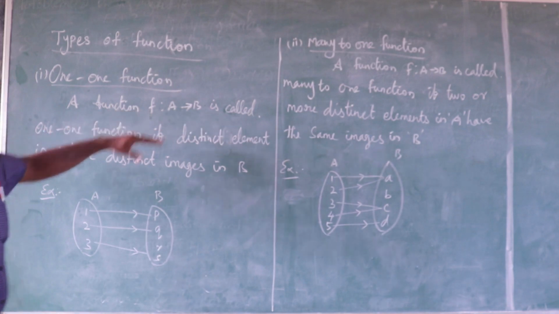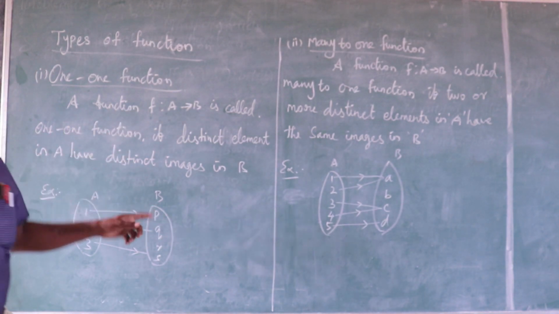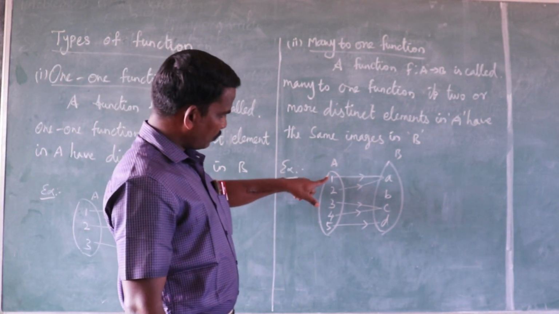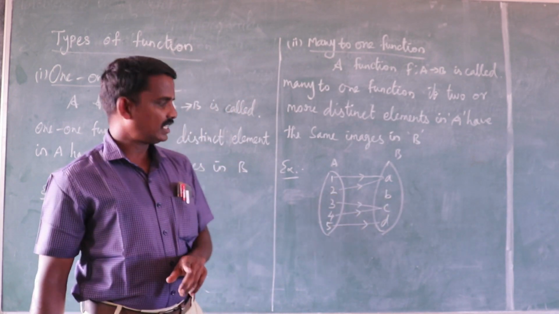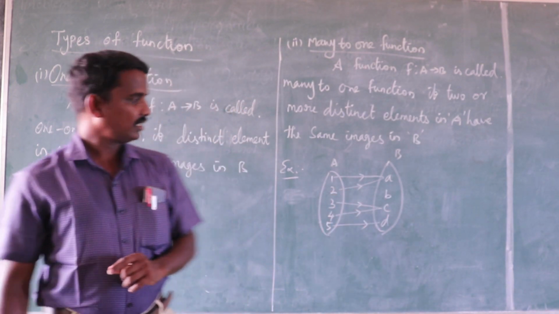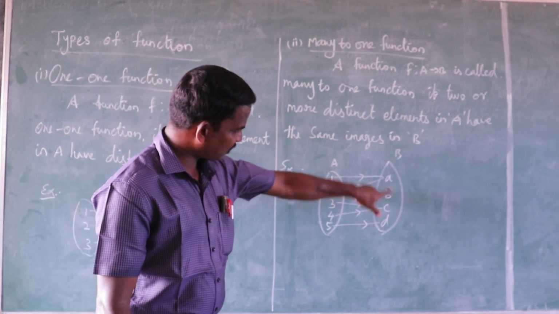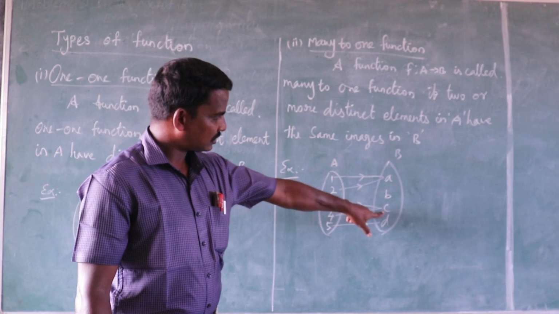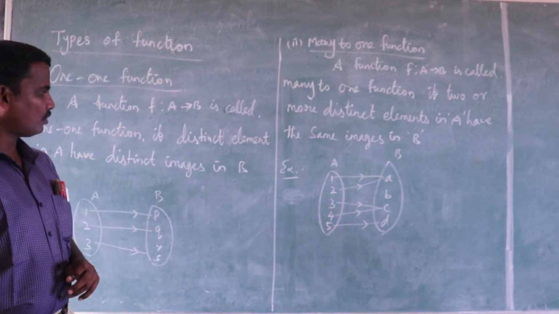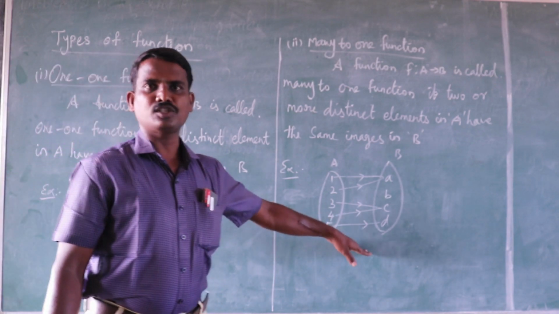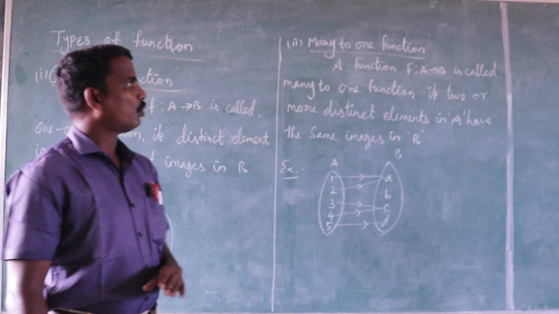In one-to-one function, every element in A has only one image in B, but in many-to-one function, many elements have the same image in B. Like that, 1, 2 have the same image A, 3, 4 have C and 5 has D. This is many-to-one function. Many-to-one function is entirely different from one-to-one function.